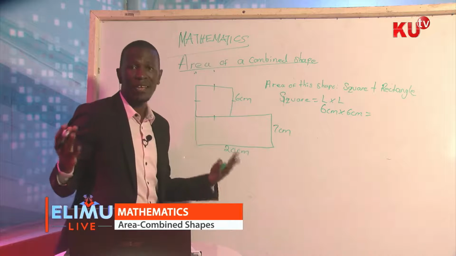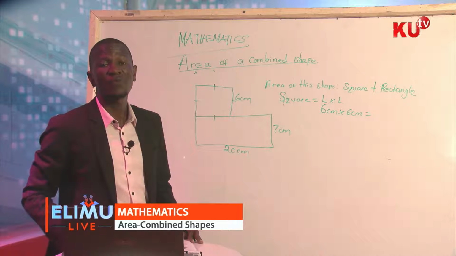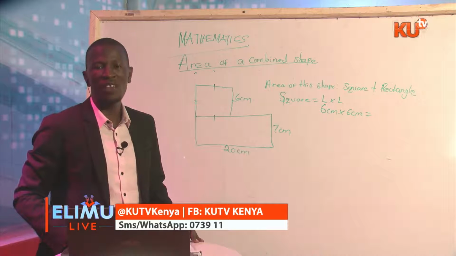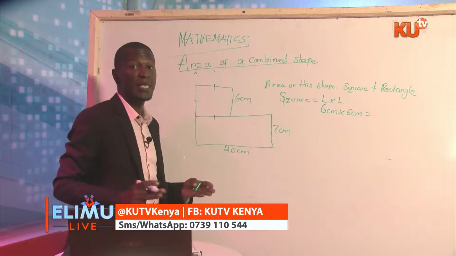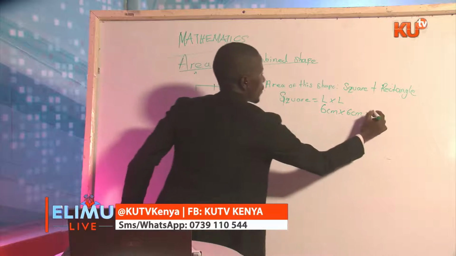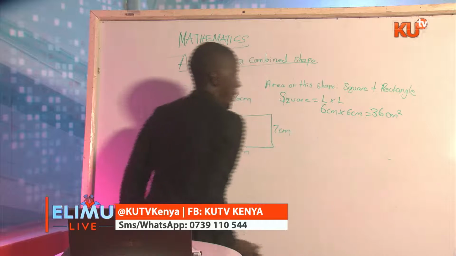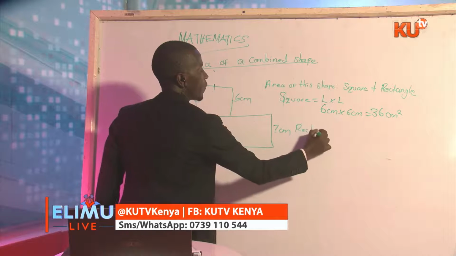What is 6 times 6? Give it a thought. I want to believe you have calculated. The answer is 36 centimeters squared. Then we find the area of the rectangle.